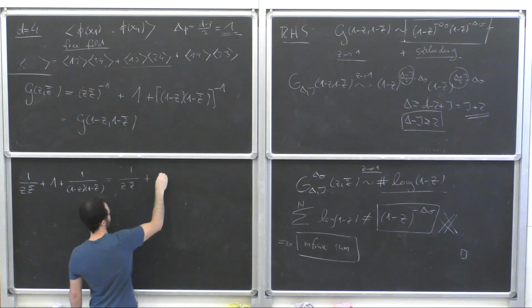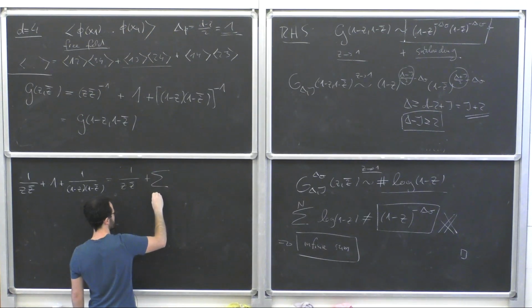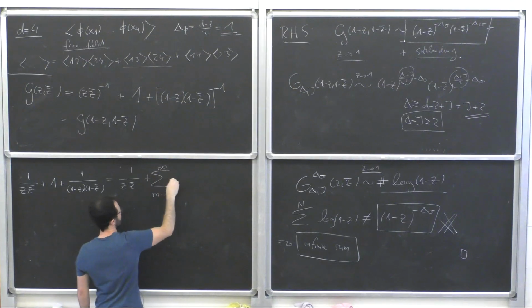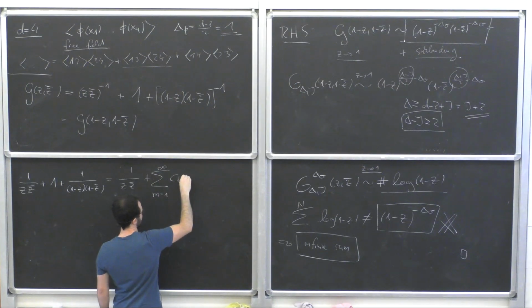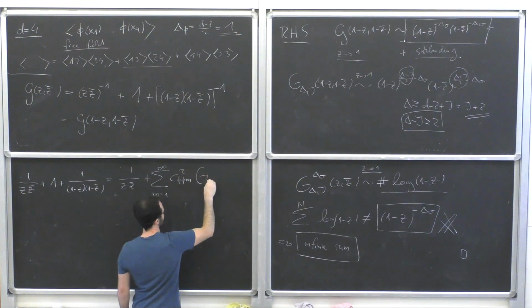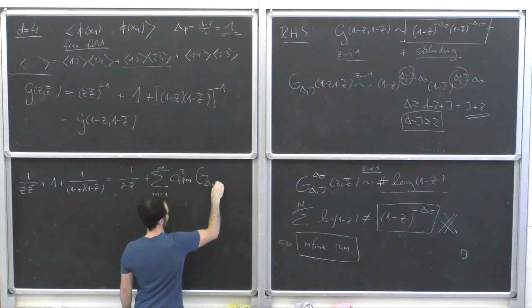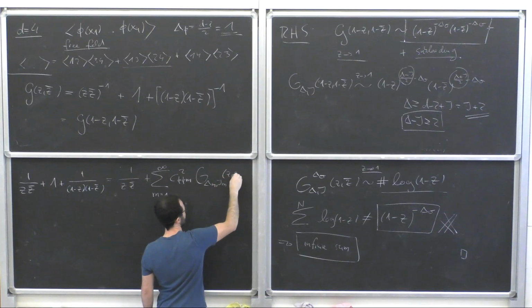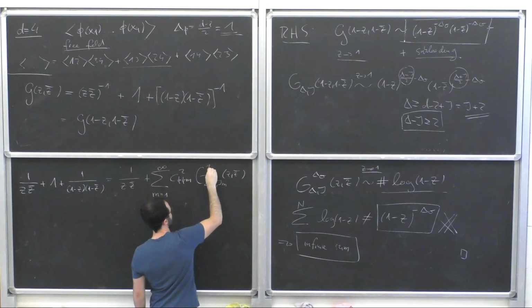And then there should be some infinite sum over the primaries, which appear in the OPE, of their 3-point functions squared times the conformal block of the scaling dimension and spin of z and z bar. And here delta O is 1.